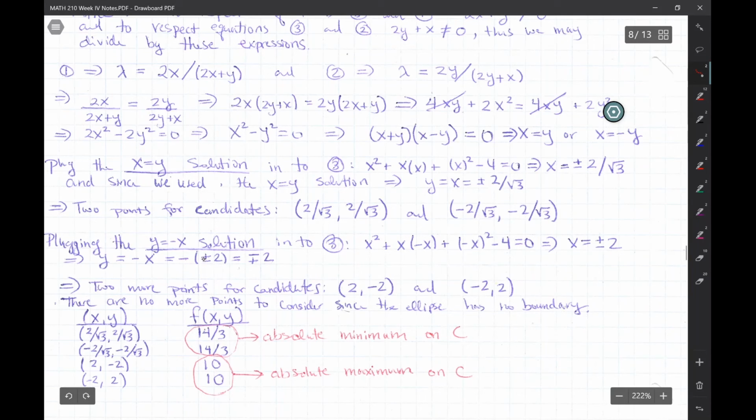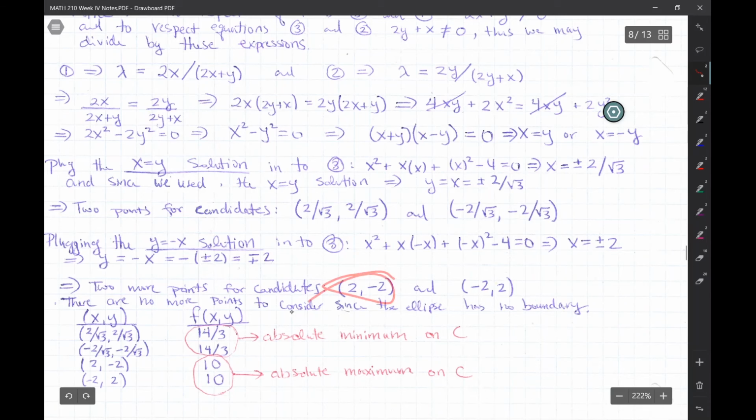So, you have plus or minus 2 for x, you're going to get minus plus 2. And so we get 2 more points for candidates. That's going to be (2, -2) and (-2, 2). Notice here that the y values are the negative of the x values there. And again, because we're looking at the y equals minus x solution.